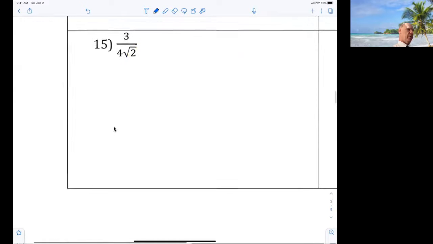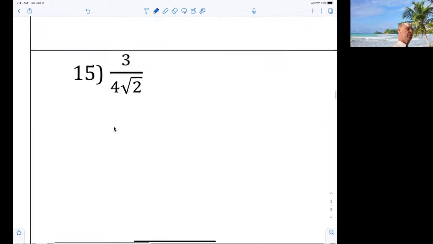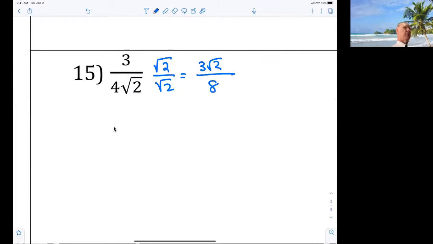All right, here we go. 15. Yep, you don't have to do the 4. You're just multiplying the top and bottom by radical 2. So that gives me 3 radical 2 over 8. Thank you.